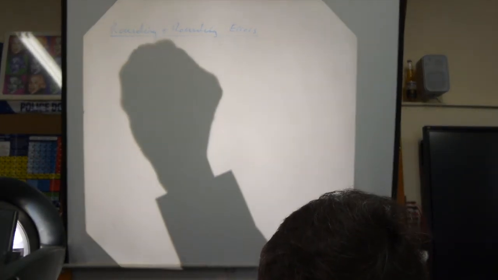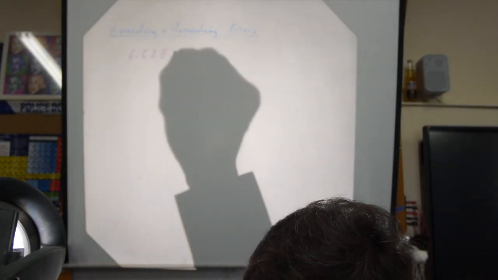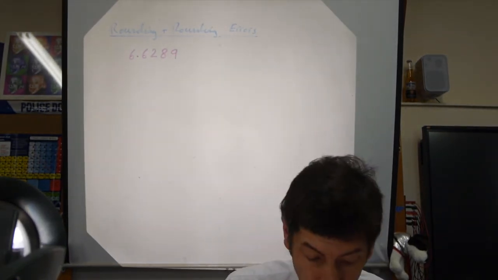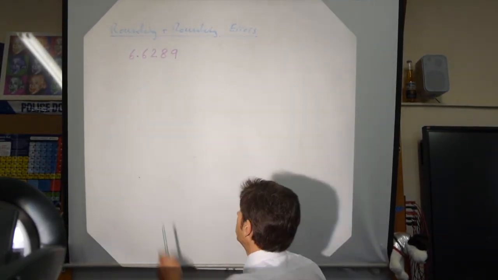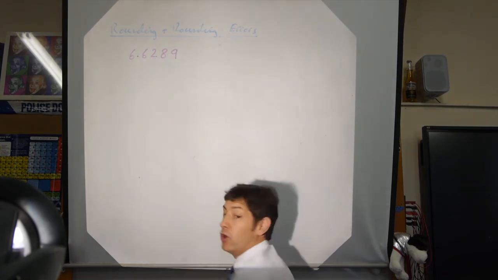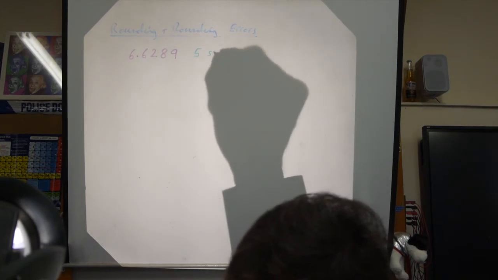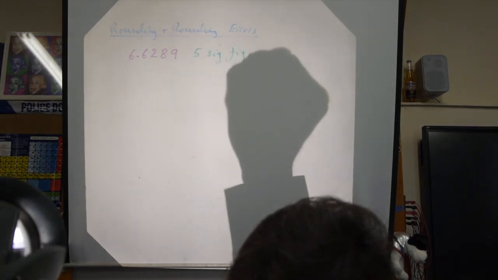So here's a number, 6.6289. And if you quote that number, 1, 2, 3, 4, 5 significant figures. So this has got 5 sig figs.